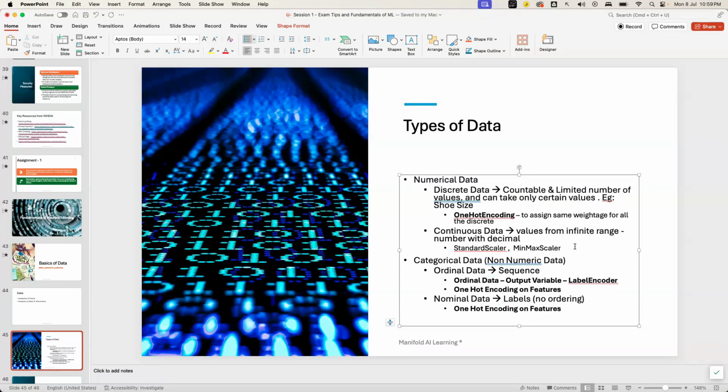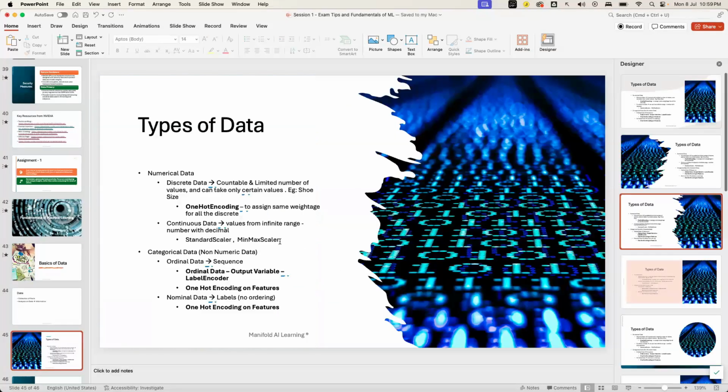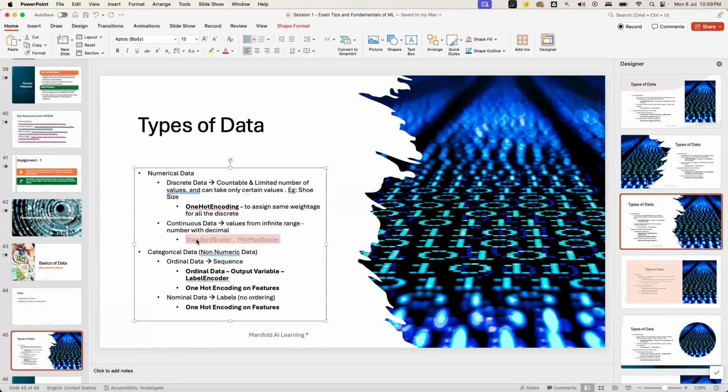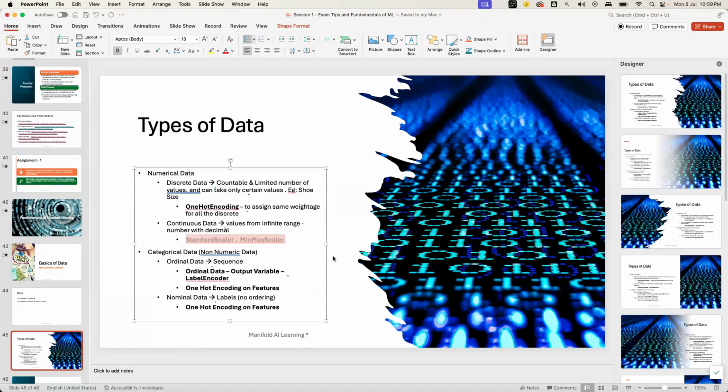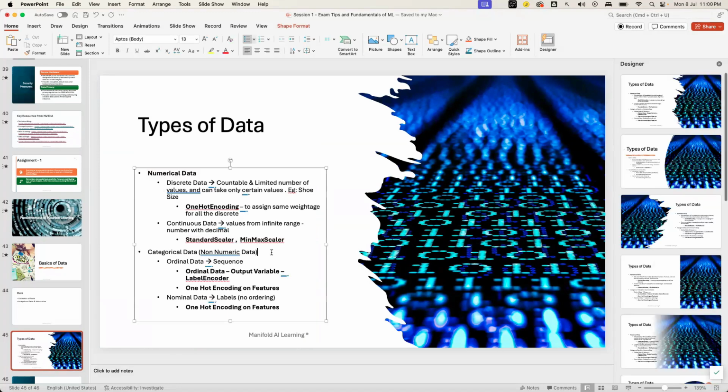So this is the basics about the types of data, how we categorize the data set, and how we can perform the transformation depending on the type of data. What we have learned today is the basics about data, which is essential for our data analysis.